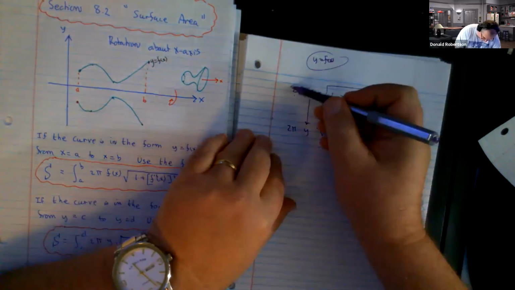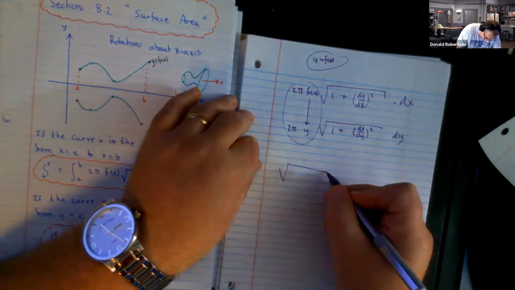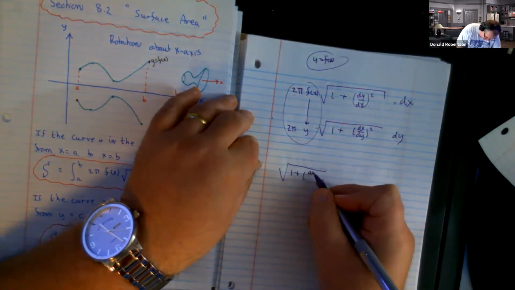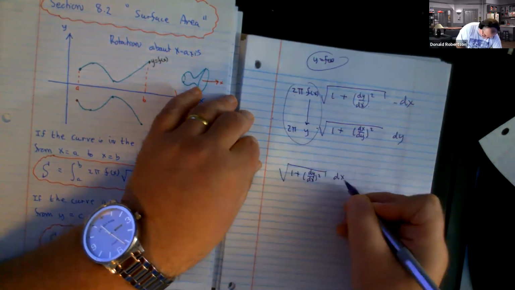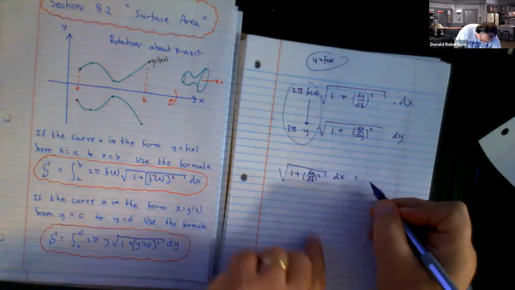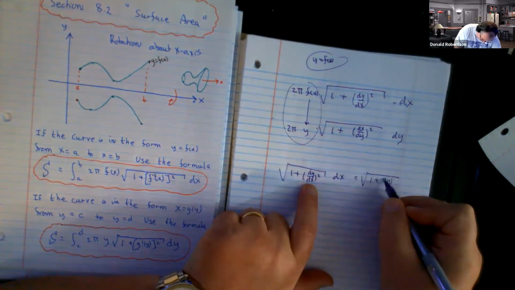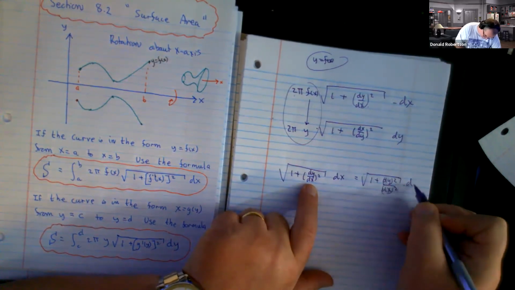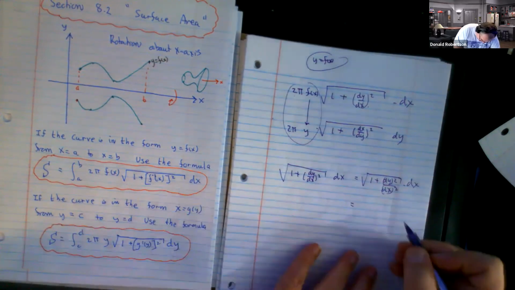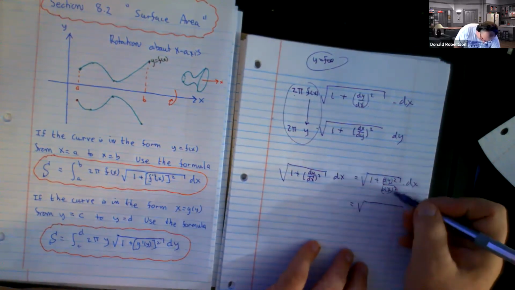If they match, we only need to focus on these. Well, if you take 1 plus dy by dx, square it and multiply by dx, you will get 1 plus dy squared over dx squared. You don't need to know this, but it's a good question, so I want you to do it. You can think of these differentials and treat them algebraically the same way you would fractions.